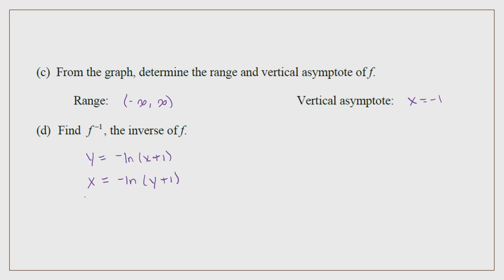So first I'm going to divide both sides by negative 1 because I want to get y by itself. Then I'm going to rewrite this natural log statement as an exponential statement. Note that the base of the natural log is e.